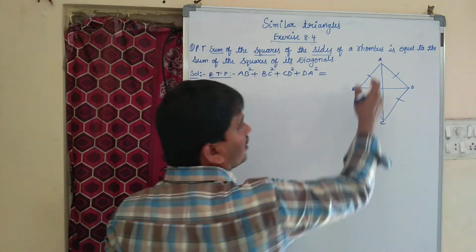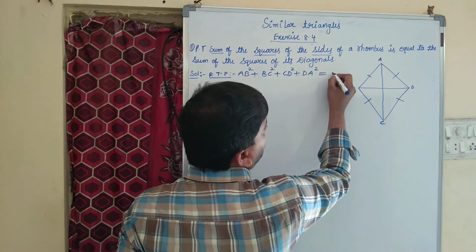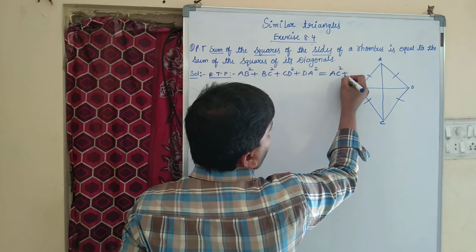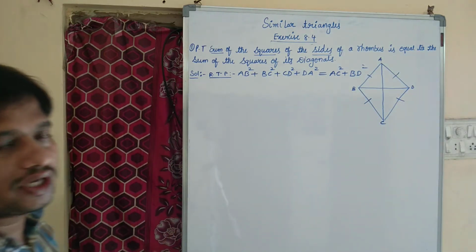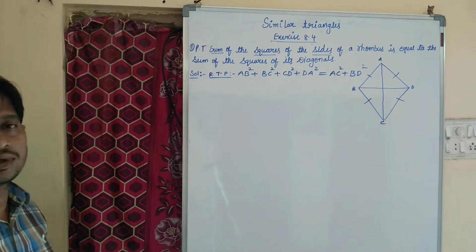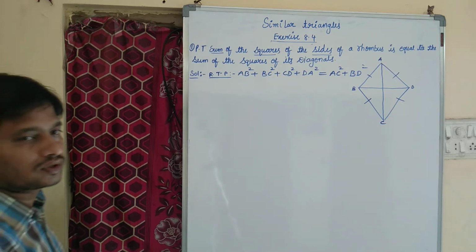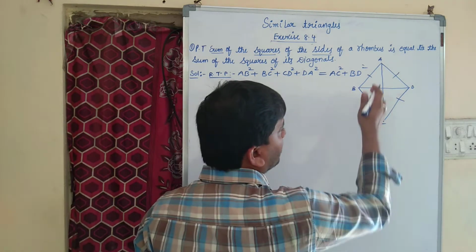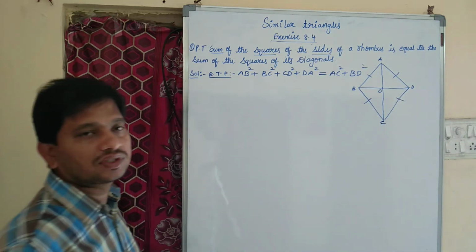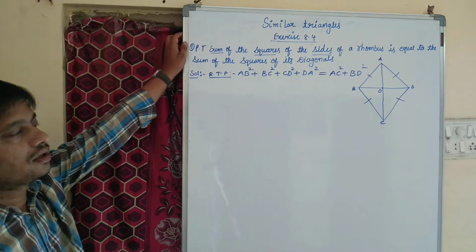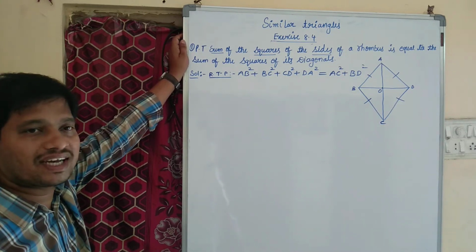As we have two diagonals, one is AC and the second one is BD: AC square plus BD square. Okay, this we have to prove. The diagonals AC and BD intersect each other at O. We know that the diagonals of a rhombus bisect each other.